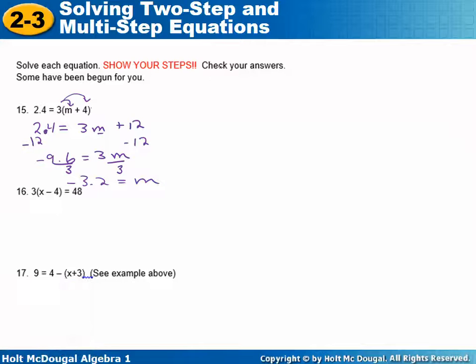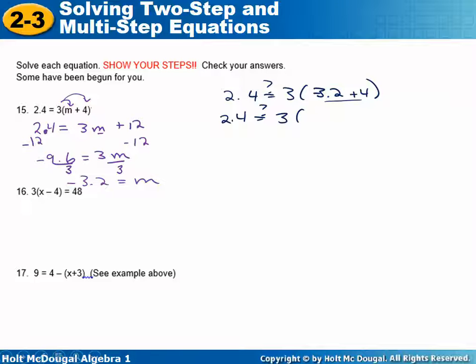To check this, I would put my negative 3.2 back into my original equation, 2.4, and I want to see if this is equal. So on the right side, I'm going to start by doing the work in the parentheses.